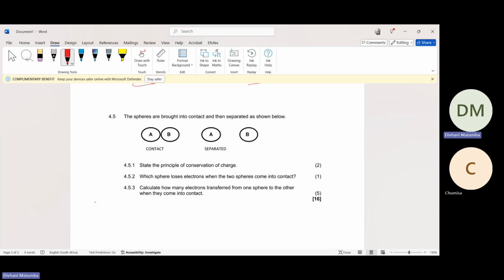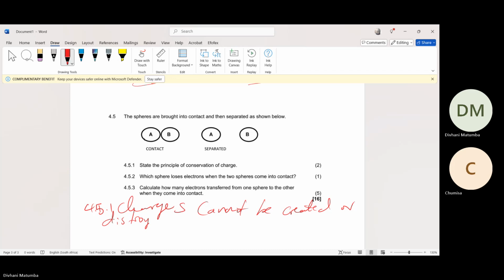What is the conservation of charge? Charges cannot be created or destroyed, but can be transferred from one object to another.